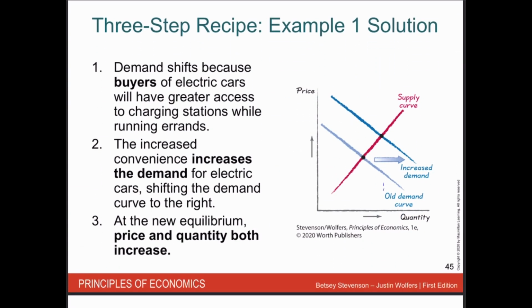So the demand curve will shift to the right because of increased demand. In this case, where is the new equilibrium point? Could be here, right? So let's compare the old equilibrium with the new equilibrium point.